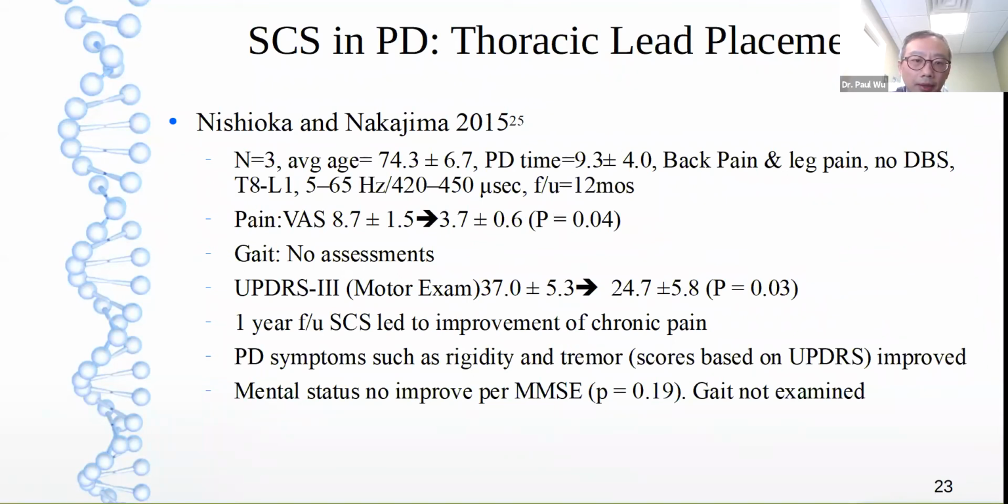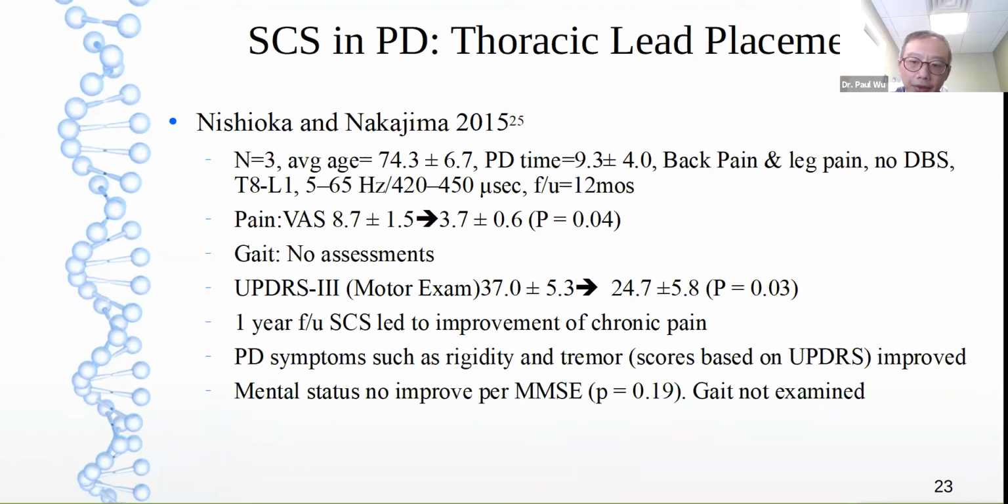This is another study where there were three patients. Average Parkinson's duration is 9.3 years, again for back and leg pain. No deep brain stimulator, thoracic placement, and tonic stimulation with follow-up of 12 months. There's improvement in the pain, but there's no gait assessment.